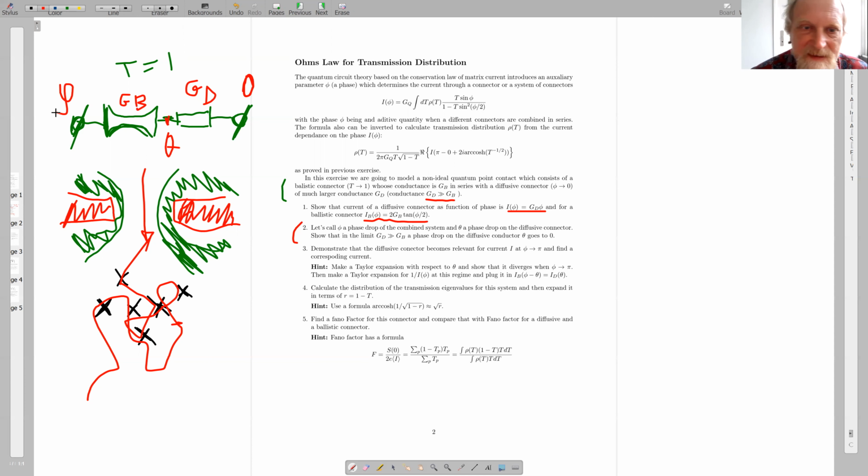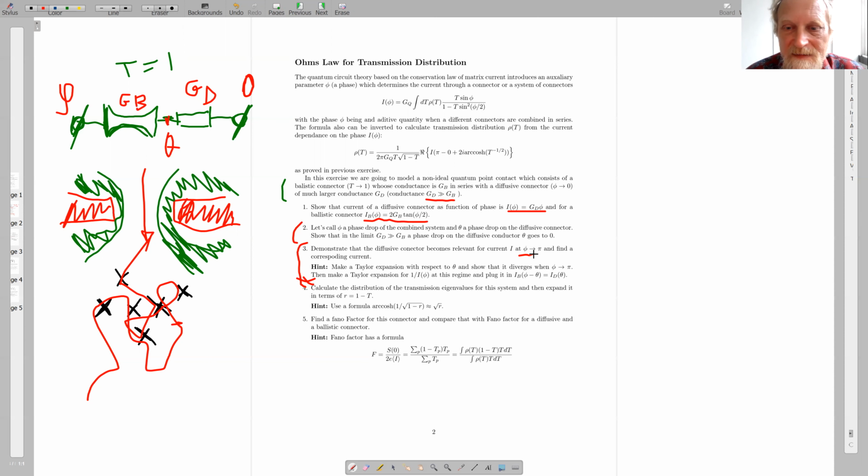Good. Then there is a piece which one can regard as physical reasoning. That's why it's hard to formulate mathematically. One has to understand that the problem actually makes sense only at phases which are close to pi.